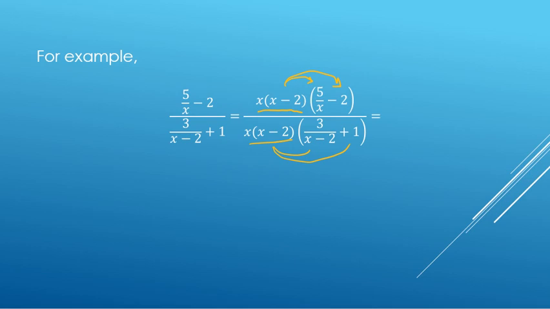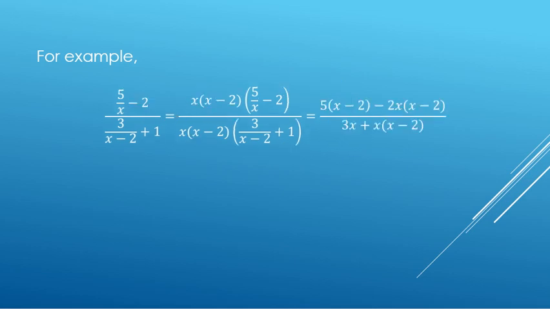And the 2 just stays. When I multiply this whole guy by this term here, the x minus 2 on the top cancels out with the x minus 2 on the bottom, and we're just left with 3x. And then I multiply the x times x minus 2 into the plus 1, and I just have x times x minus 2. So multiplying in leaves us right here as a result.